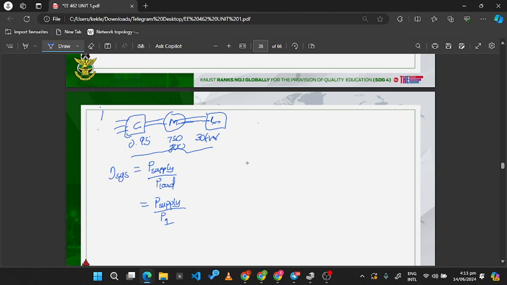Sorry, what a mistake. It's output over input, right? So it's P load over the supply, which we could get from P load, assuming we had the power at the input side of the motor. So let's call that P1 here.